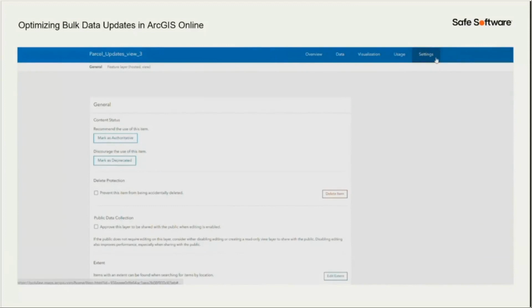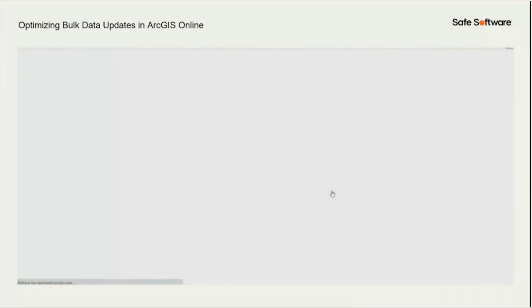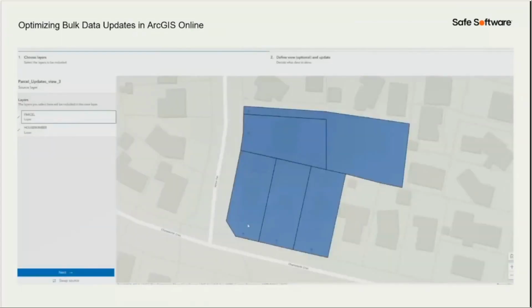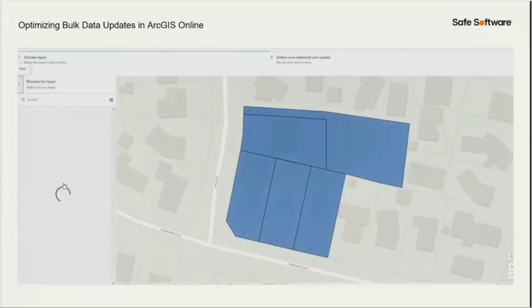We start on the view settings page, and you can see that the data source currently points to parcel updates A. We then go into update view, and on the next page, we select swap source. That'll bring up a list of hosted feature services available to the current user and allows us to choose the one to switch over to.